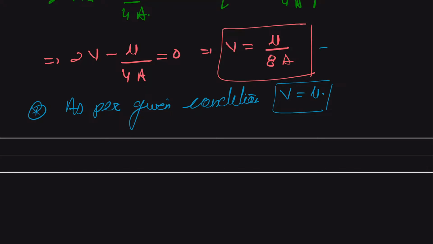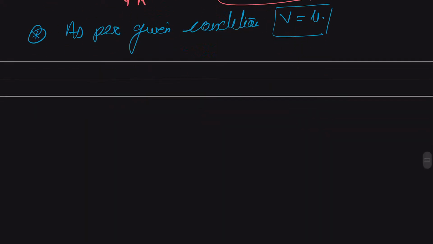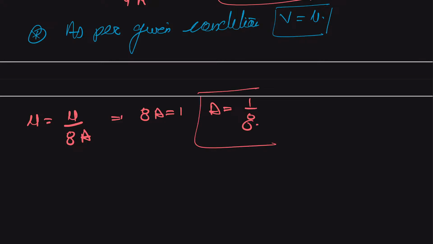And obviously, we can substitute in this equation and we get U is equal to U upon 8A. Or we can say 8A is equal to 1, or A is equal to 1 by 8, which we were supposed to find out.